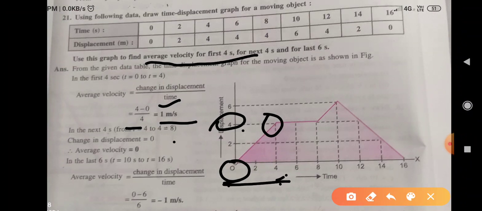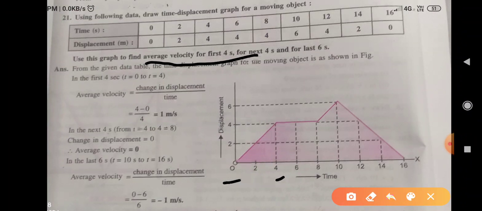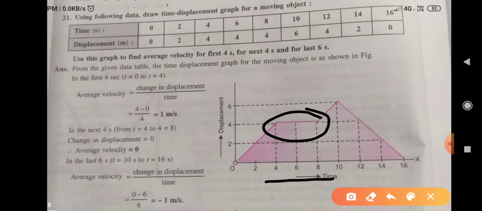In the second case, velocity for the next 4 seconds, means from 4 to 8. In such a situation we are getting a straight line, like the body was at rest. Displacement 4 minus 4 means displacement was 0, and time was 8 minus 4 means 4.